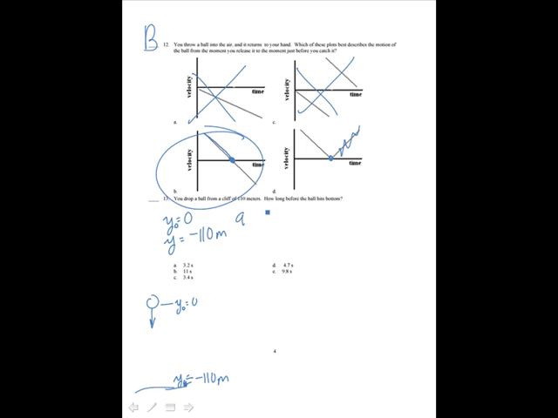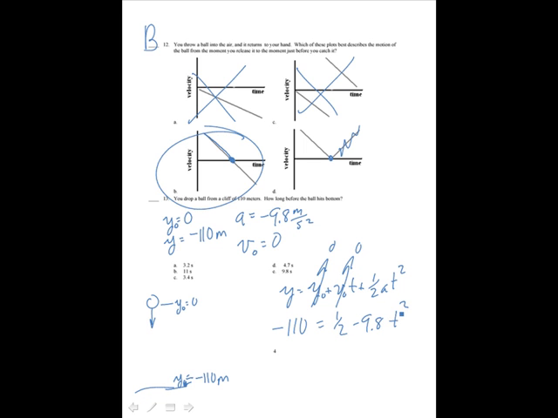Well, I know my acceleration is equal to minus 9.8 meters per second squared, and I know that my initial velocity is equal to 0 because it's initially at rest, and so I just say y is equal to y naught plus v naught t plus 1/2 a t squared. V naught is 0, y naught is 0, so I have minus 110 is equal to 1/2 times minus 9.8 t squared.